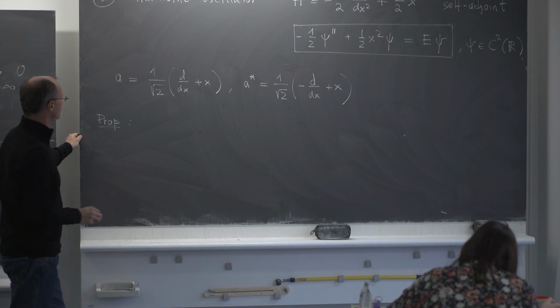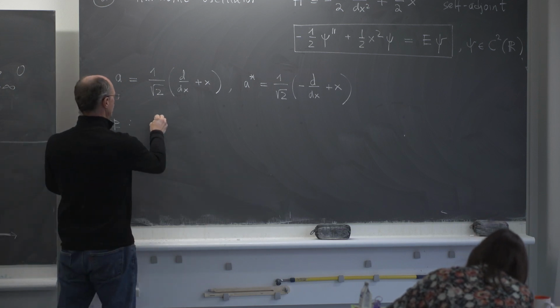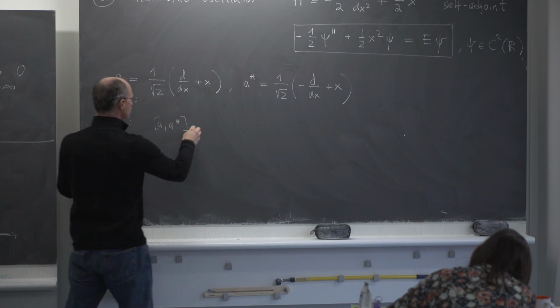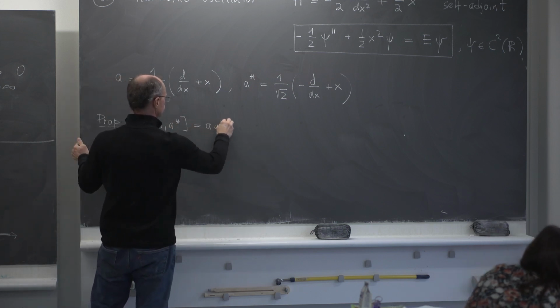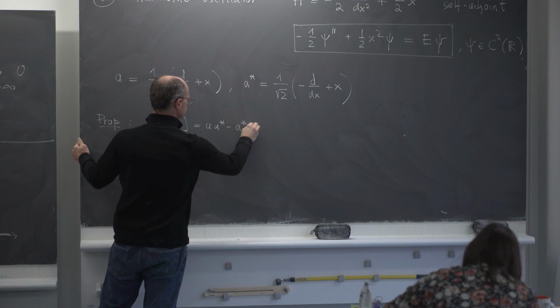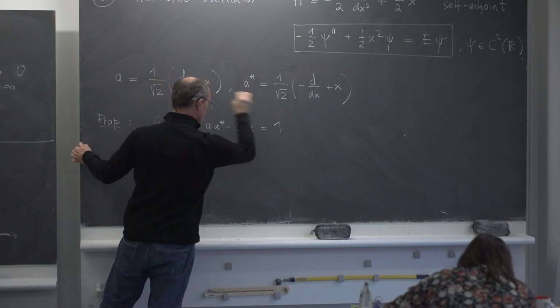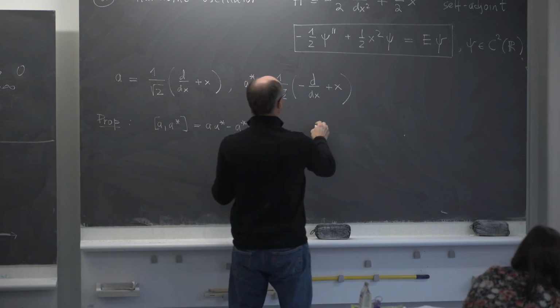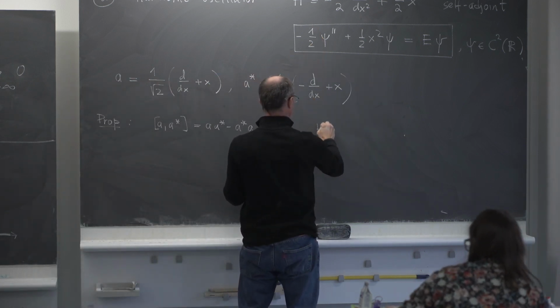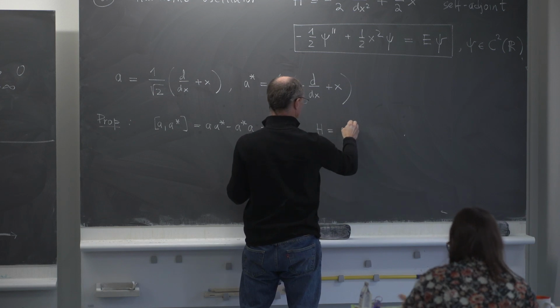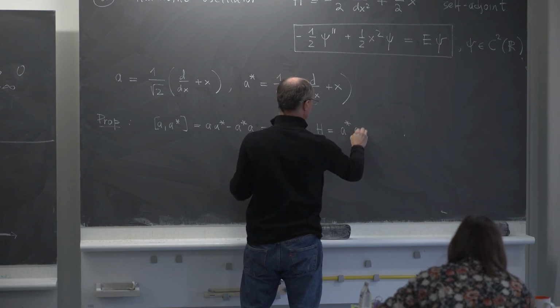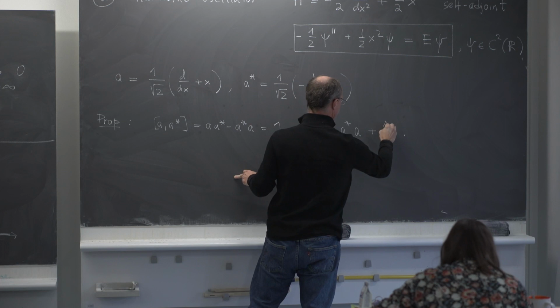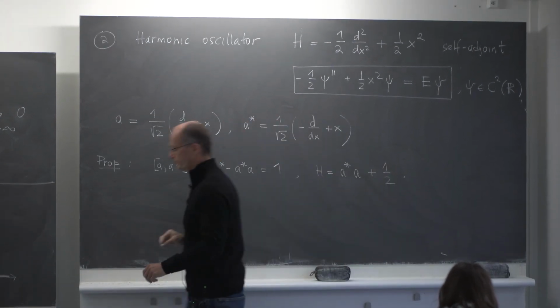Now a small proposition. First of all, the commutator of these two operators is equal to 1, and the operator H is equal to A star A plus 1/2.